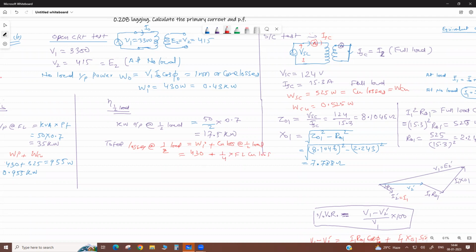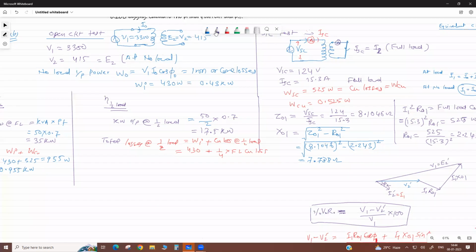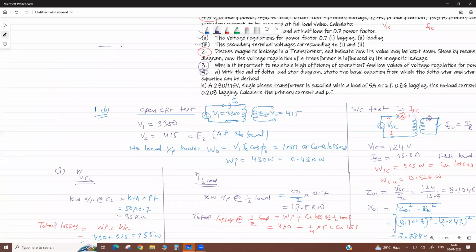Why is it so? Because the copper loss is a variable loss. Suppose this is your load connected to the supply. If we talk about the load current, what is the load current? Kilowatt load into 1000 divided by √3 into voltage and the power factor.